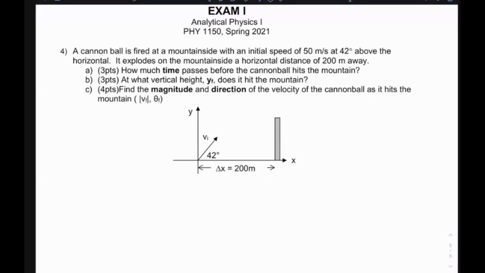Okay, so what's known in this part? Well, we know what the initial velocity is. It's 50 meters per second. And then we know what the launch angle is. It's 42 degrees.